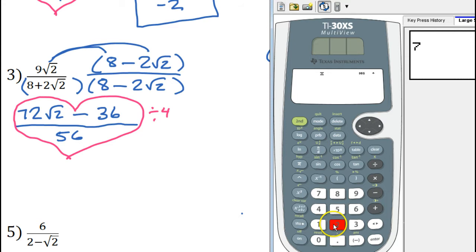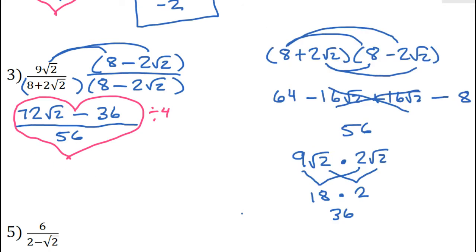Okay, so let's see. 72 divided by 4 is 18. All right, so far I've got 18 radical 2. I know 36 divided by 4 is 9.